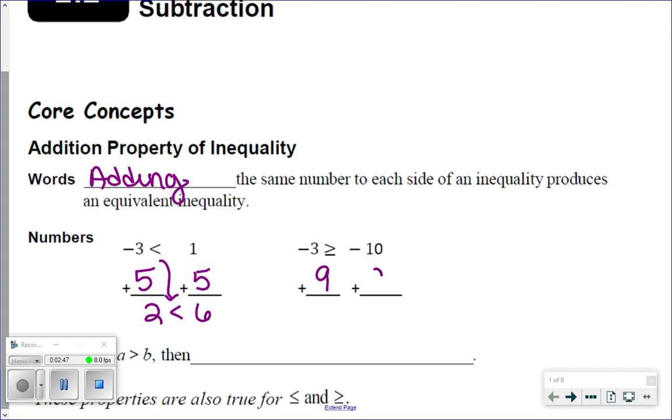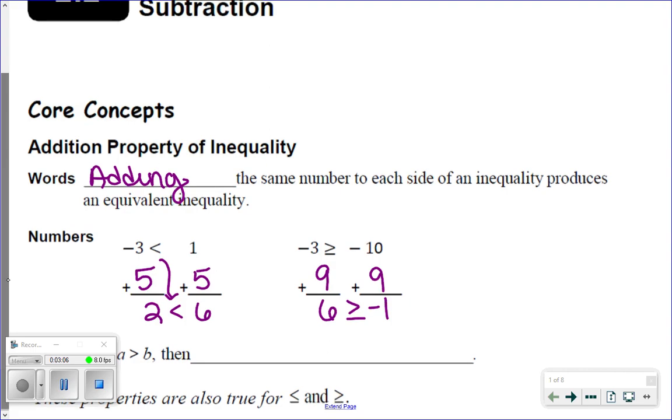This time, let's do a 9. And when I simplify both sides, -3 plus 9 gives us a 6. On the right side, -10 plus 9 is a -1. Is 6 still greater than or equal to -1? Yes, it is. Okay, so again, I just picked some random numbers here. You could have picked anything. Those are just two examples.